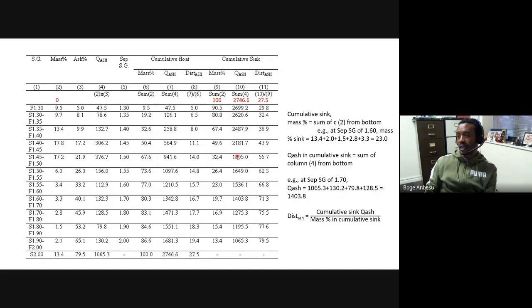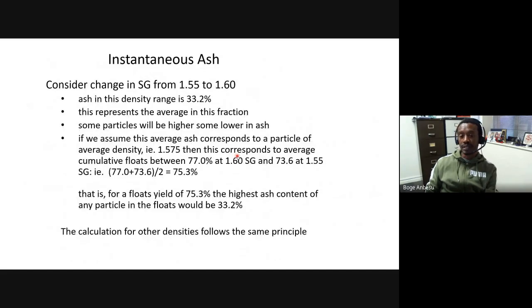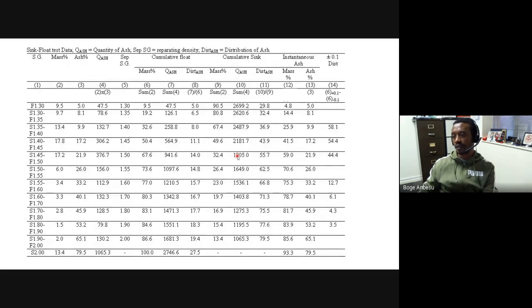Okay, so the next step is to do instantaneous ash. Now, for instantaneous ash, what we're trying to do is, maybe I'll go back.